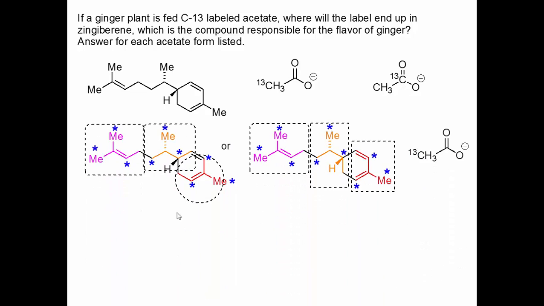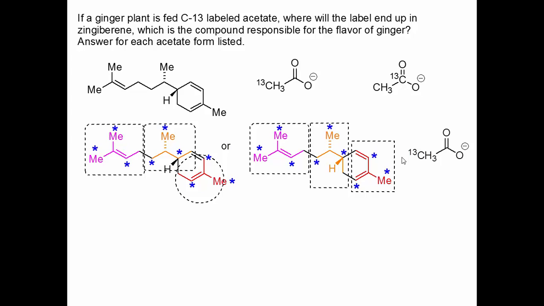So when we look at the individual isoprene units, we can assign that if we feed it C13 labeled acetate with a C13 label in the methyl group, the label will end up here. And this is a very easy analysis.